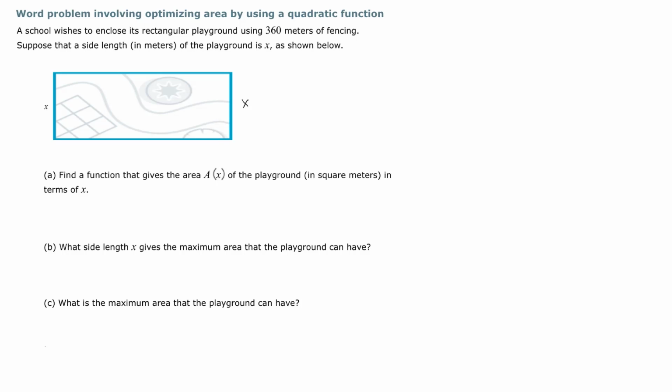Well, there's 2 more sides, and there's a total of 360. So we're going to take 360, subtract 2x, and divide by 2. And then we know how much that is. We're going to take out a common factor. The remaining sides has a length of 180 minus x meters.